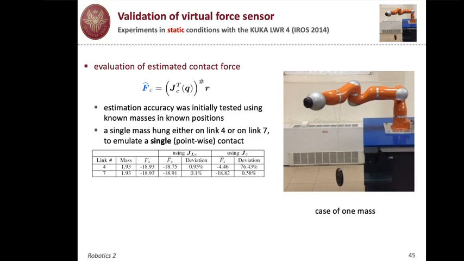Now it's hanging. And we did this hanging it in two different places. So this is a static evaluation of our estimation. So the mass was 1.93 kilogram, which corresponds to a force of minus 18.93, applied either at link 4 in a known position on link 4 or in a known position at link 7.